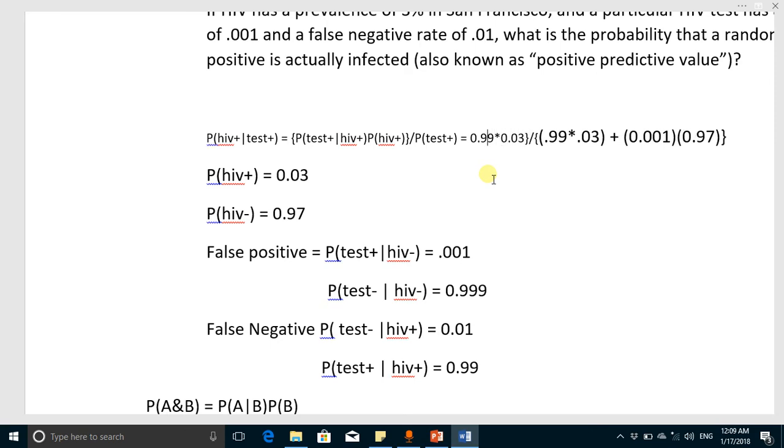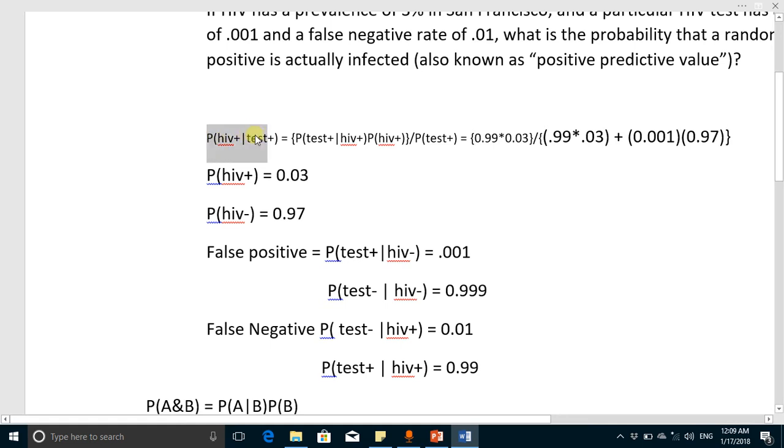So this is the answer to this question, that is, the probability of HIV positive given the test is positive, which we can compute from this equation. So that's it.